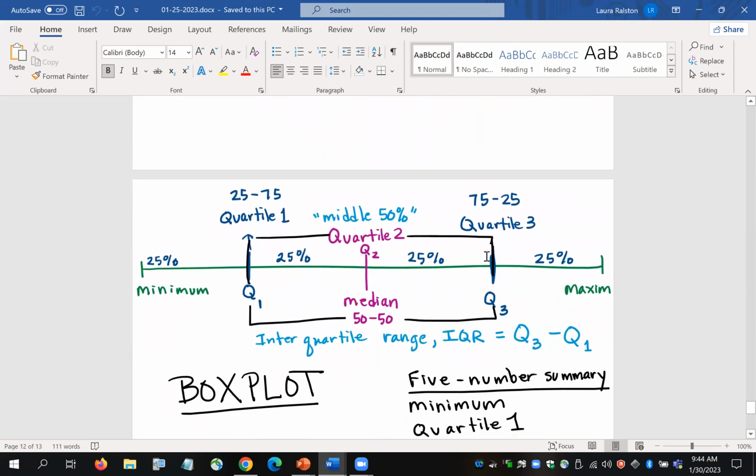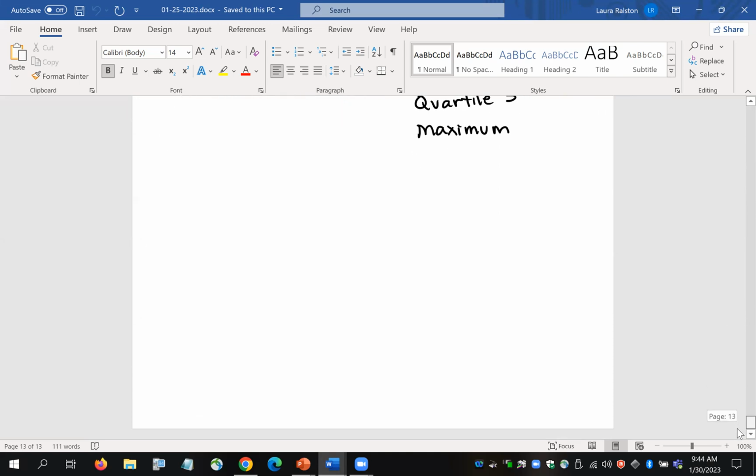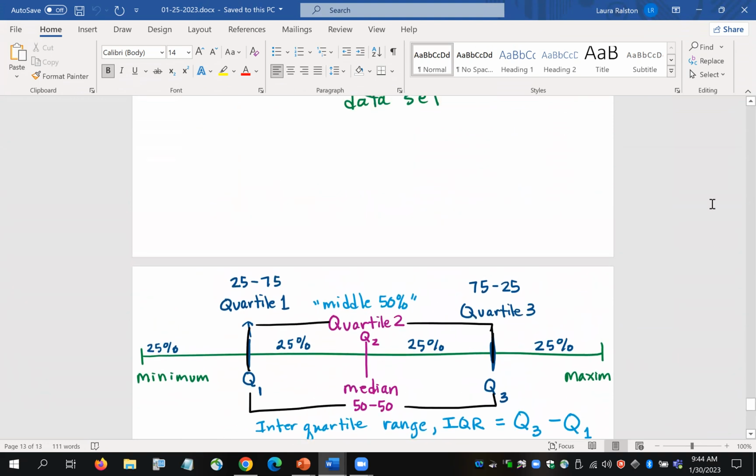I rough sketched a picture of that for you, because from the box plot you get the 5-number summary, which is your minimum, quartile 1, the median, quartile 3, and the maximum. And at that point we ran out of time.